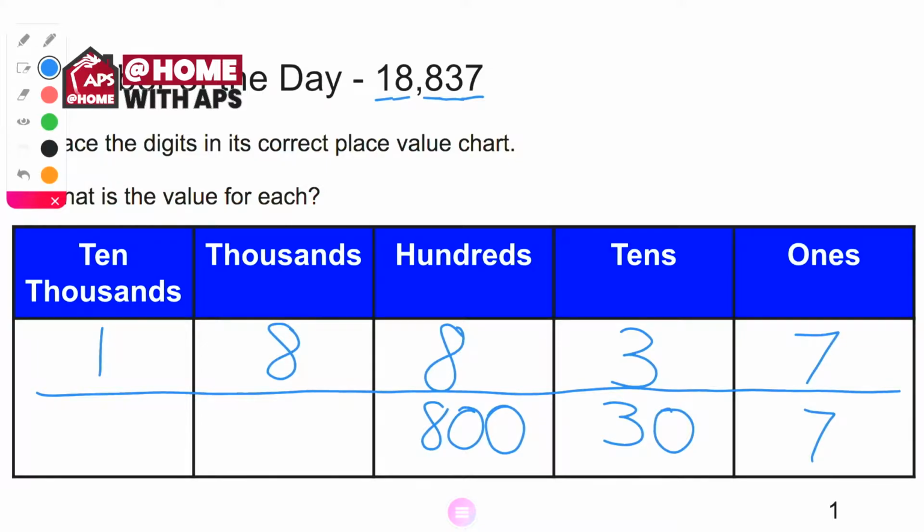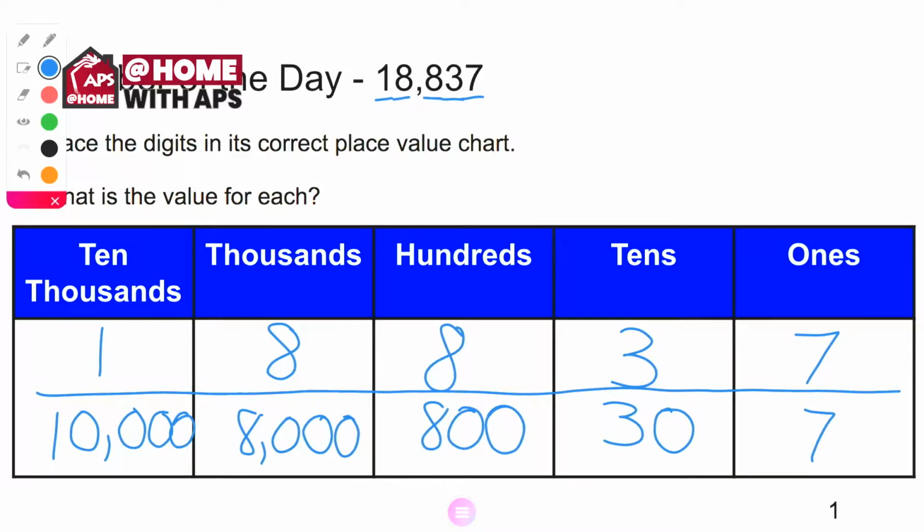I say that one in there because it helps me separate and understand that I have 8 of that group. Thank you. It is worth 8,000. And then how many 10,000s do I have? I have one group of 10,000, or 10,000. All right. So this is just a quick reminder of what that place value is worth.